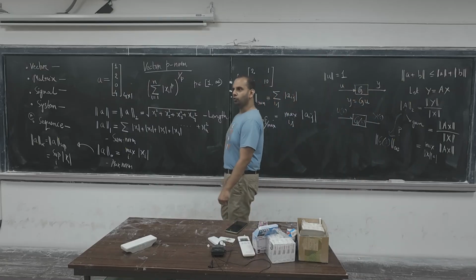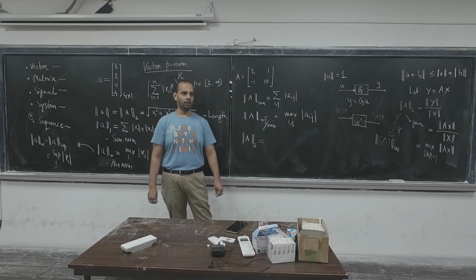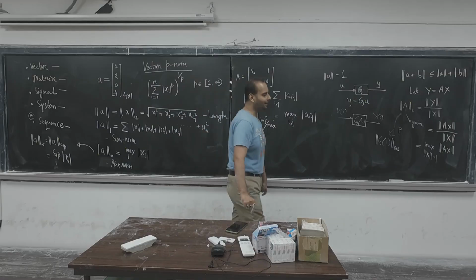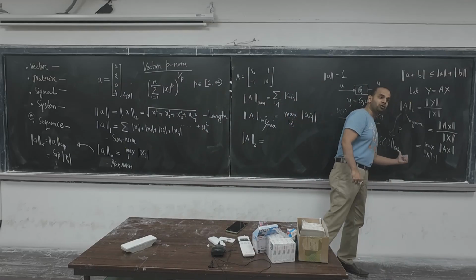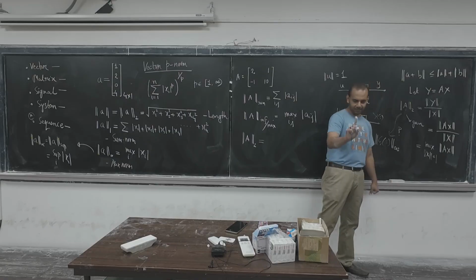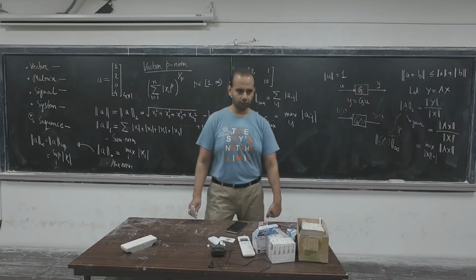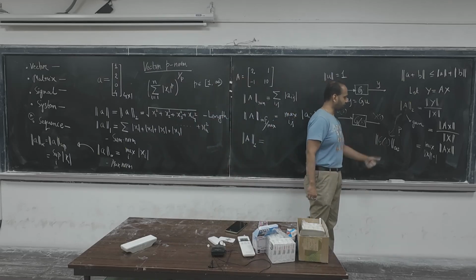The matrix 2 norm and the system infinity norm both give you gain. But you may have this doubt: if it is the matrix 2 norm, it could have been the system 2 norm as well, so why is it infinity? That doubt we will discuss, okay? But anyway, at this moment I am not going to system norms, let us finish this one.